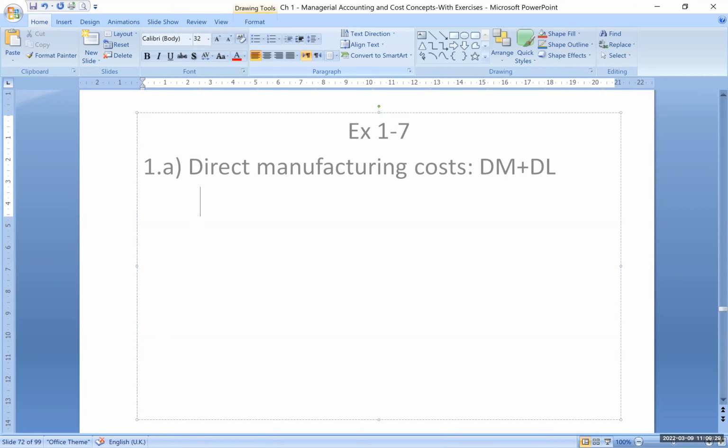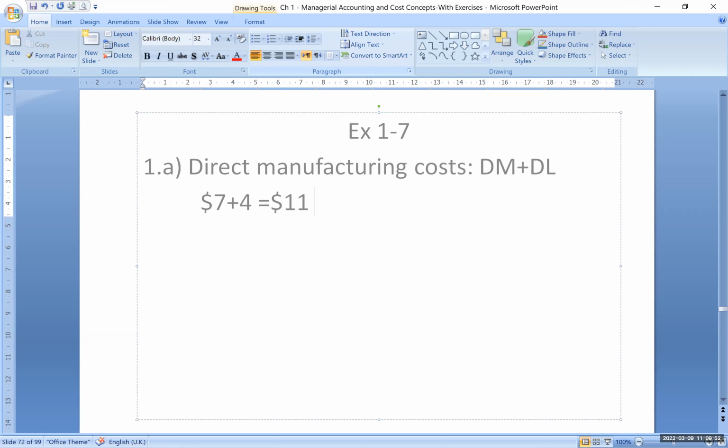Direct material, in this case, is $7 per unit, plus the $4, which is the direct labor for the unit. This equals $11. This will be the direct cost per one unit.